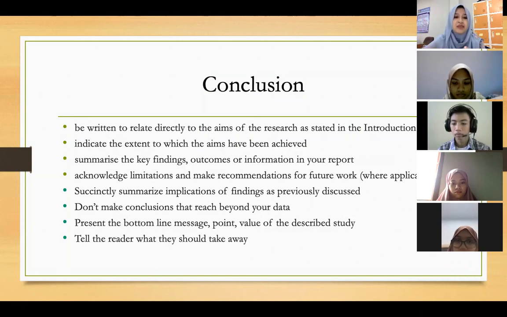There may be a limitation in only relying on Scopus database. Meanwhile, there are several other databases that can be taken into searching the relevant articles, but we only focus on the Scopus. So it may limit the findings of our study. That's the example of stating the limitation of the study.